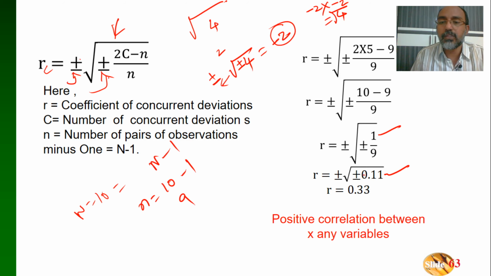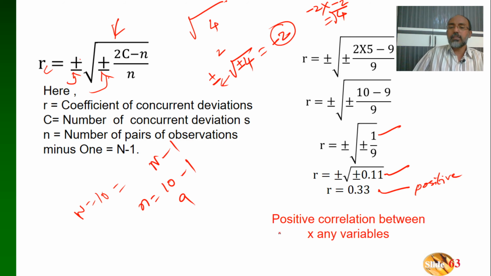So r is equal to under root 0.11, and you get plus 0.33. This is the positive value. 0.33 means 33% positive, from 0 to 1.